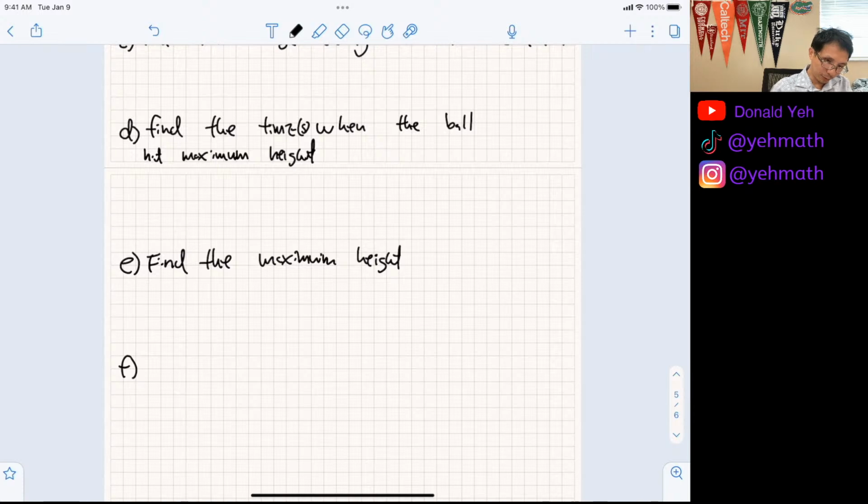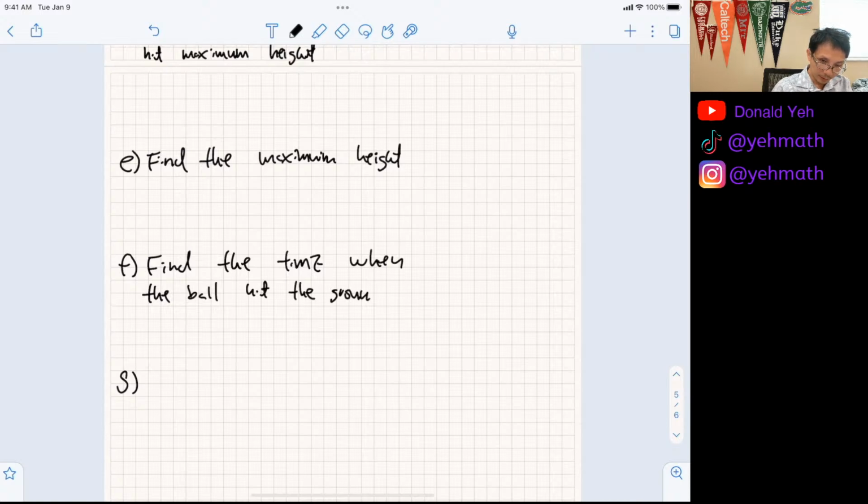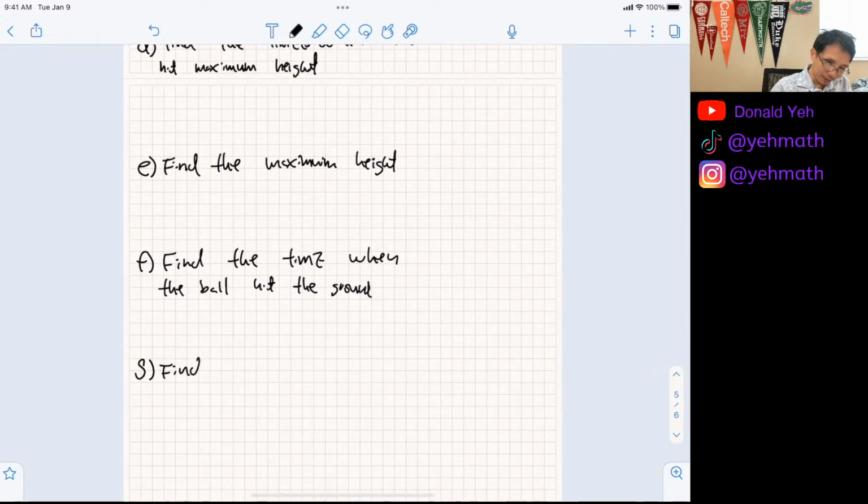F. We're going to have two more parts, F and G. That's it. Can you find the time when the ball hits the ground? Lastly, can you find the velocity of impact?